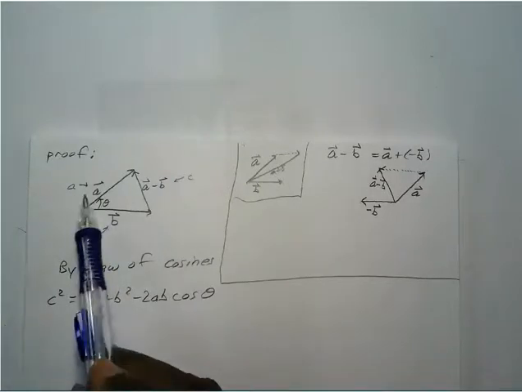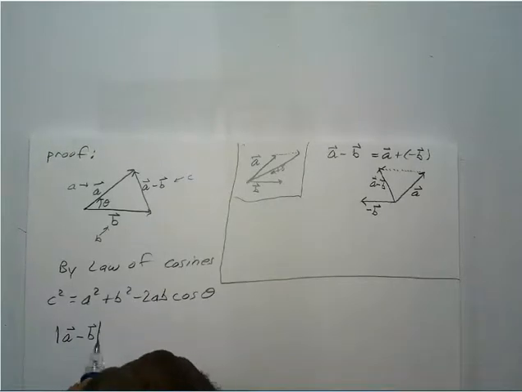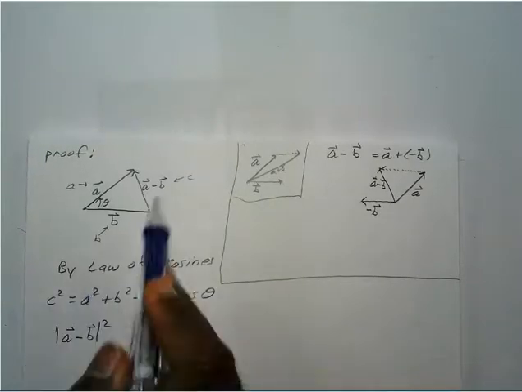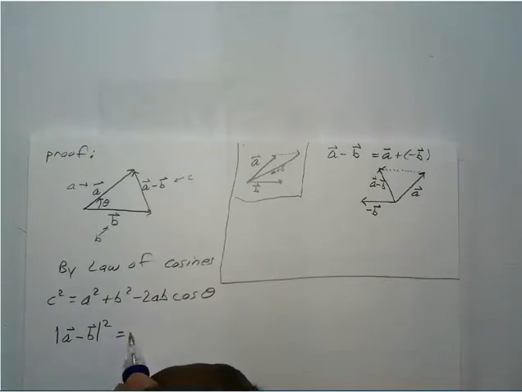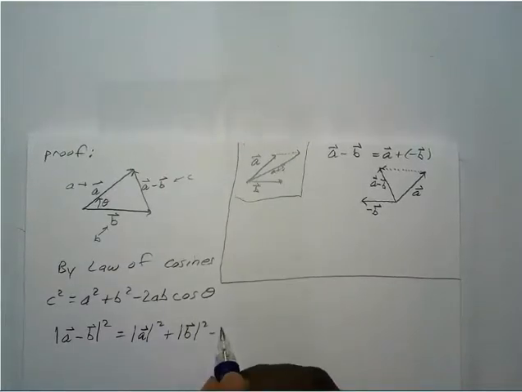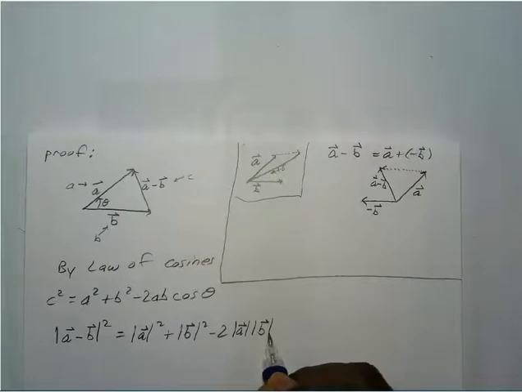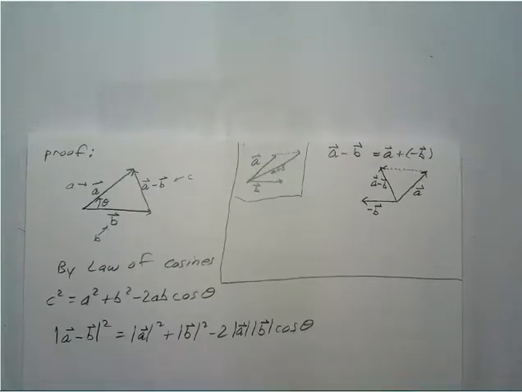Now we're looking at the length of each of those. So the magnitude of A vector minus B vector squared, which is our C squared, is equal to the magnitude of A vector squared plus the magnitude of B vector squared minus 2 times the magnitude of A vector times the magnitude of B vector times cosine of theta.